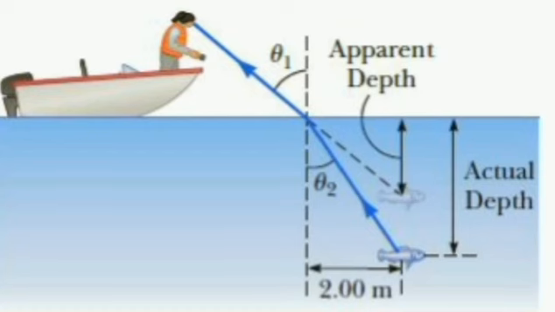So real depth is the actual distance of an object from the surface of the water. The real depth, that is the normal depth of that spoon, is the original depth of the cup, while the apparent depth is the depth that is seen after refraction has taken place.